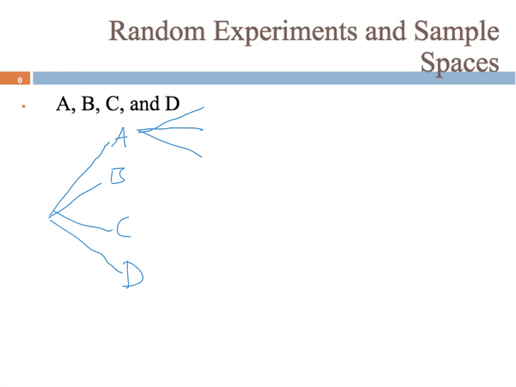Then after A, it can be B, C, and D. And then from there, we could have A getting first, B getting second, and then from B, we could have either C or D. From C, we could have either B or D. And from D, it could be either B or C after that.